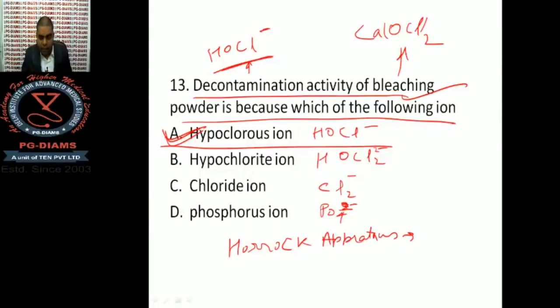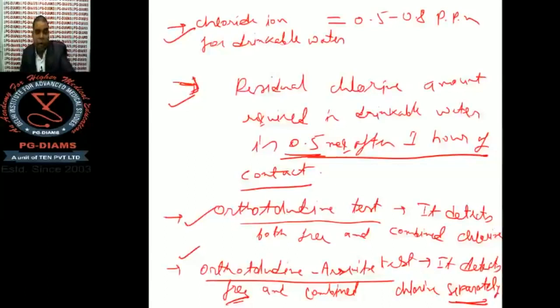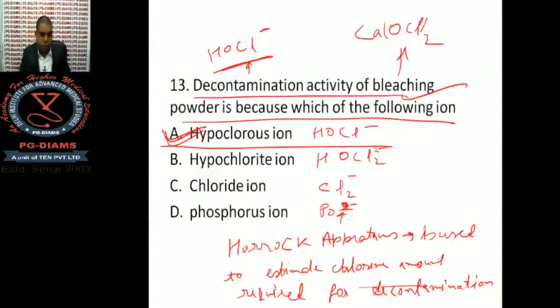The Horrocks apparatus is used to estimate the chlorine amount required for decontamination. That means if you want to know how much bleaching powder you want to put in the water so that the water has 0.5 milliequivalent of chlorine after 1 hour of contact, then you use Horrocks apparatus.